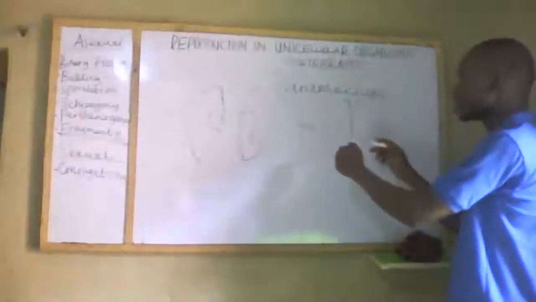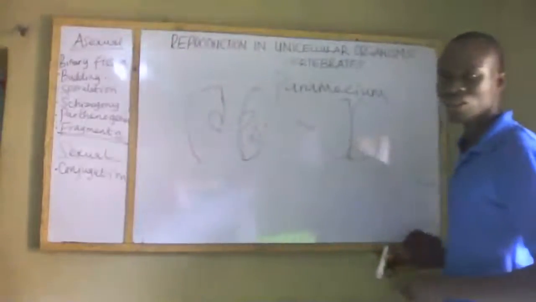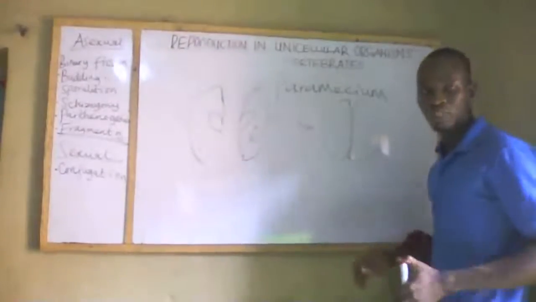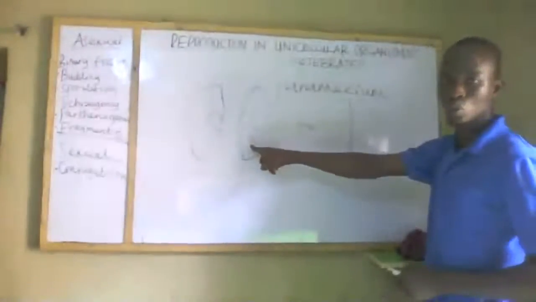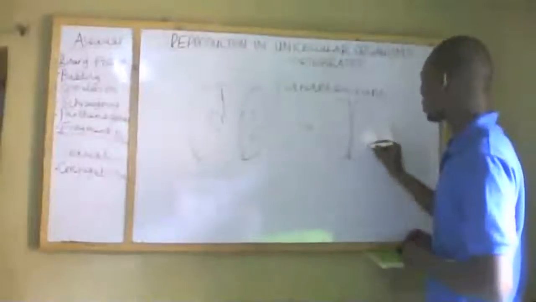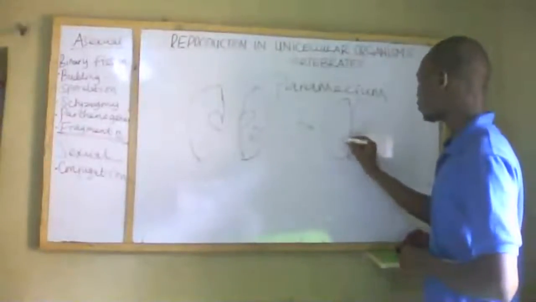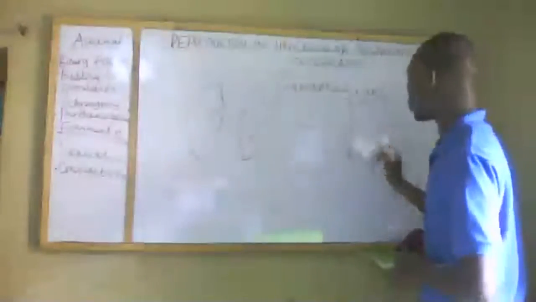After they have united, the meganucleus is going to disintegrate and disappear, remaining the micronucleus for each of them. This is the micronucleus.